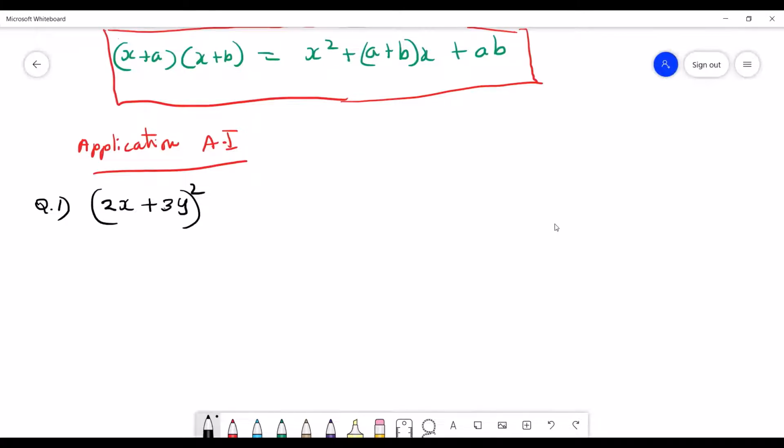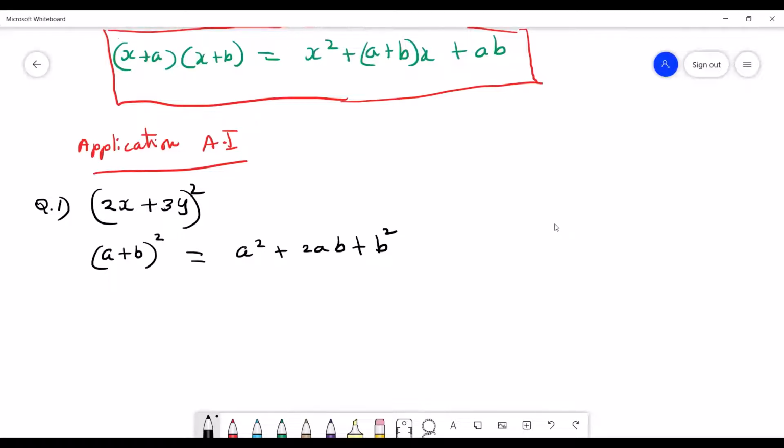What is the similar identity that we have to find out? Let me see, one similar identity we have is (a + b) whole square. So what is the answer? a square plus 2ab plus b square.